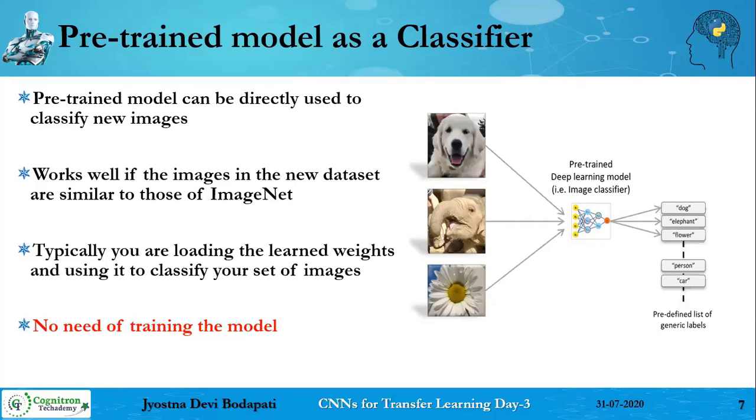But when I pass those kinds of images, leaf images, diseased leaf images also, you can try and check what this model gives as output. At max, it will predict it as a leaf or otherwise some plant, but that kind of prediction I don't need. According to my task, I want to know whether the given leaf is an affected leaf or a non-affected leaf. In that case, you cannot use the pre-trained model as a classifier strategy. That is the limitation of this strategy.